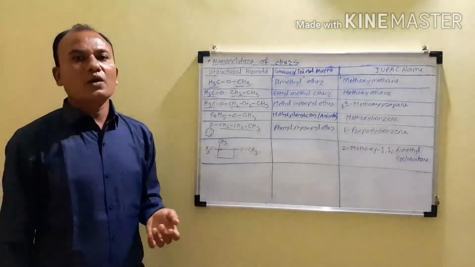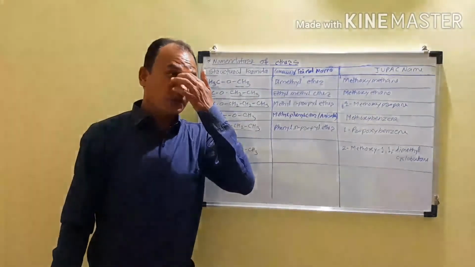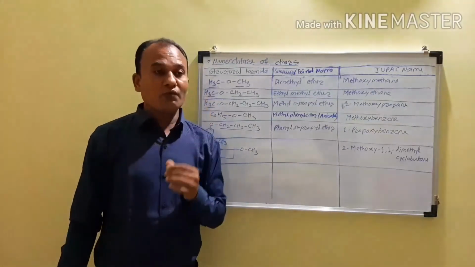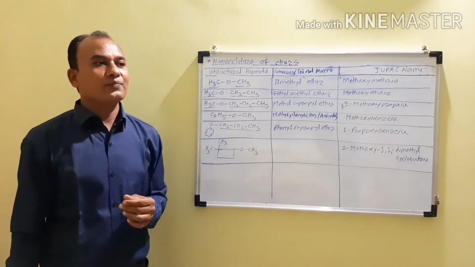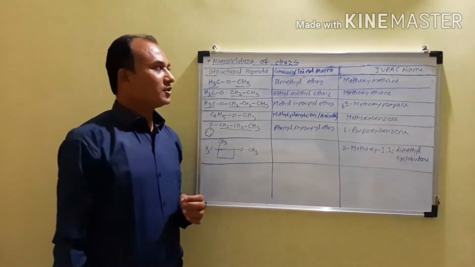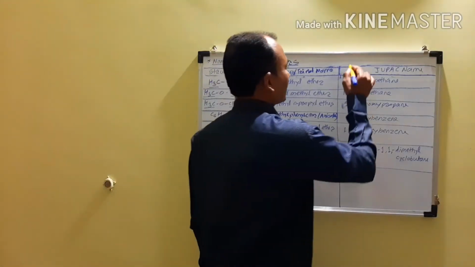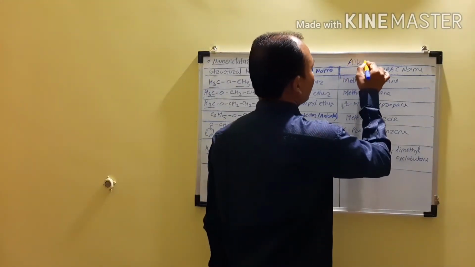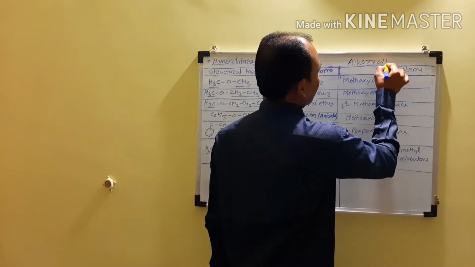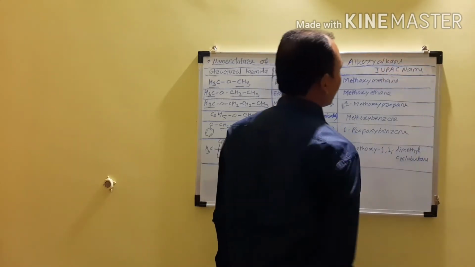Now how to give the IUPAC names to these ethers? You have to follow the rules of IUPAC. According to the IUPAC, the ethers are called alkoxyalkanes.